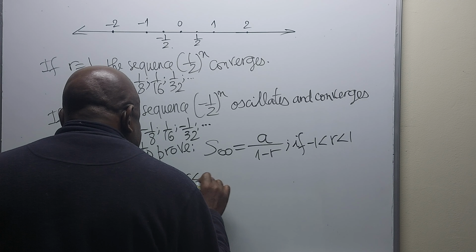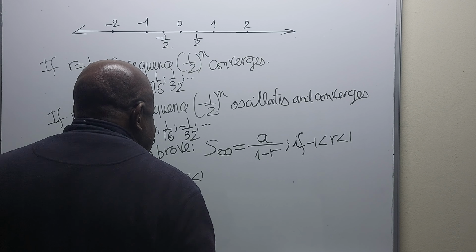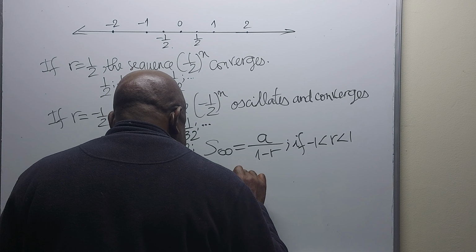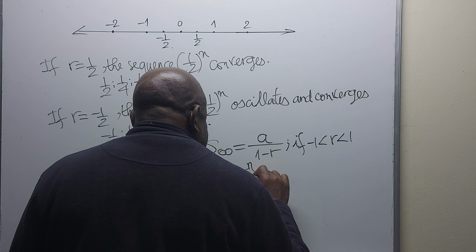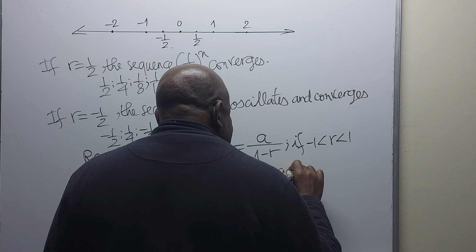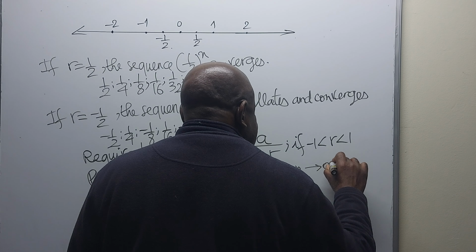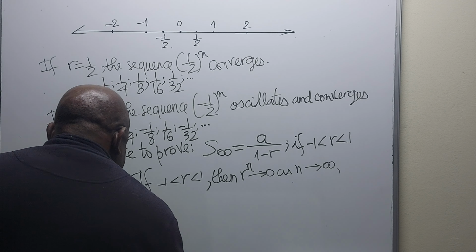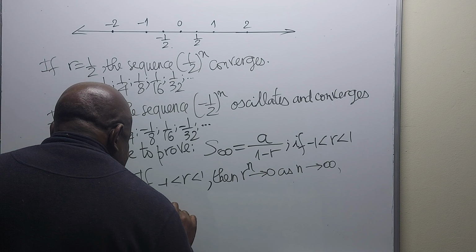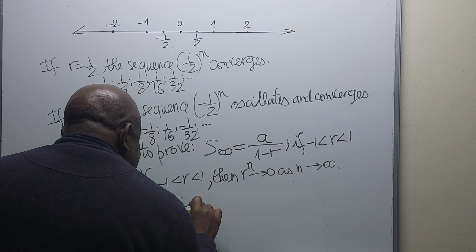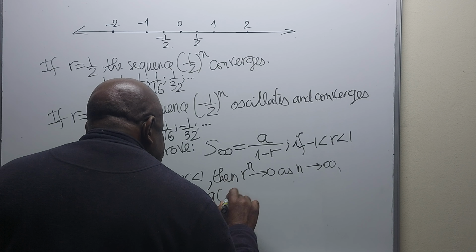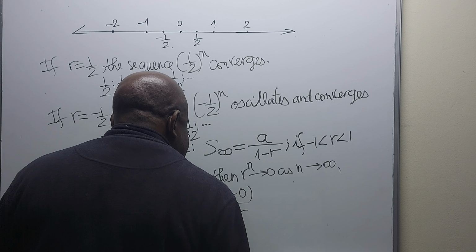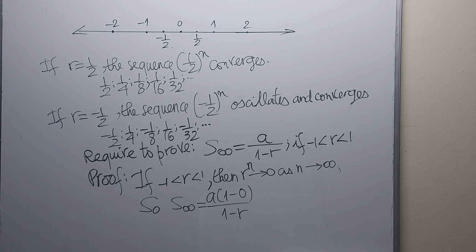If the common ratio is between -1 and 1, then r to the power n tends to 0 as n tends to infinity. So we will have that S to infinity will be equal to a times (1 - 0) over (1 - r).